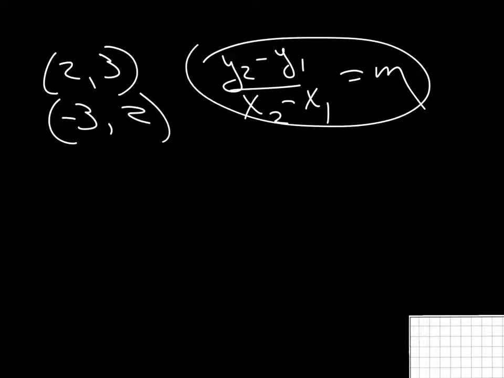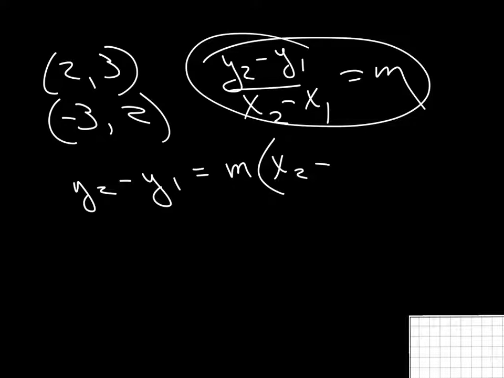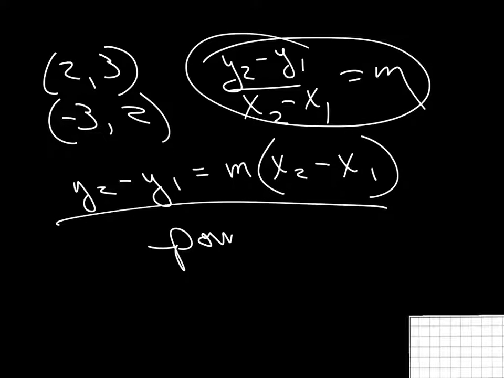Well, then we're going to take this equation, we're going to make a little bit of a change to it. We're going to rewrite that equation as y2 minus y1 equals m times x2 minus x1. And this is called the point-slope form of the equation of a line.